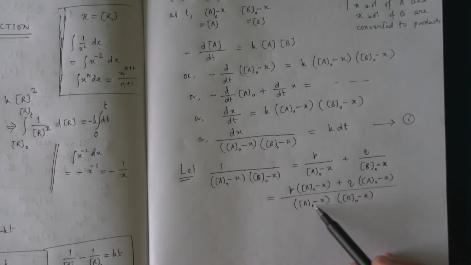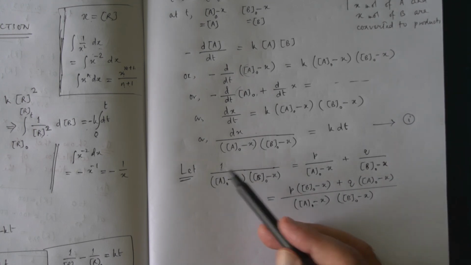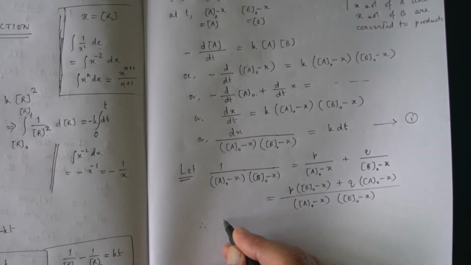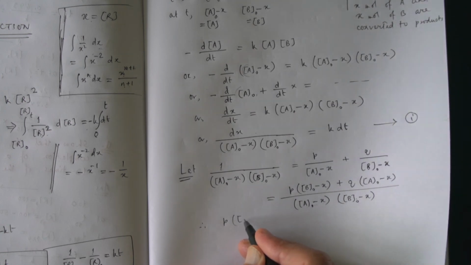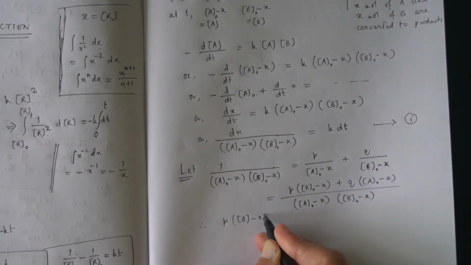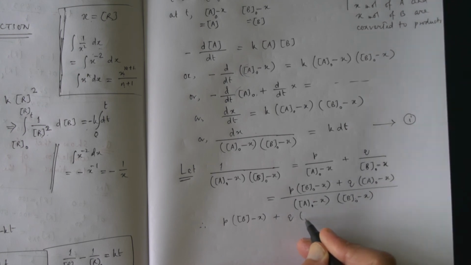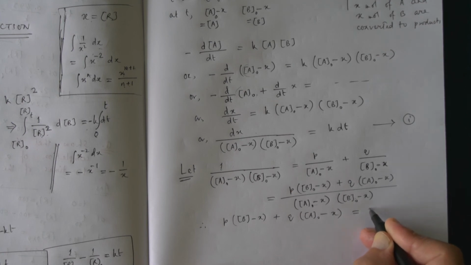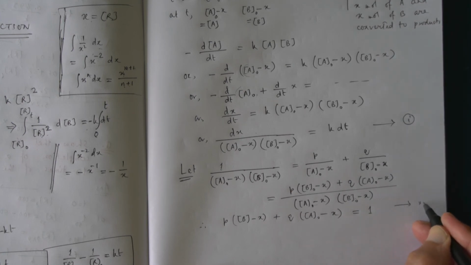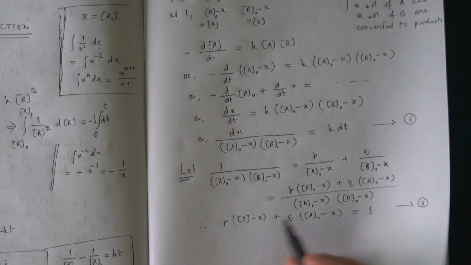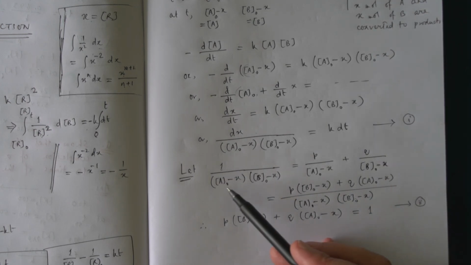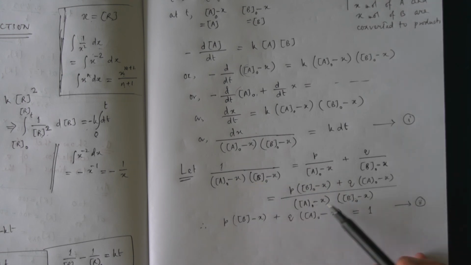So 1 must be equal to p into (B naught minus x) plus q into (A naught minus x). This is equation 2. The lower portion is the same, so the numerators must be equal.